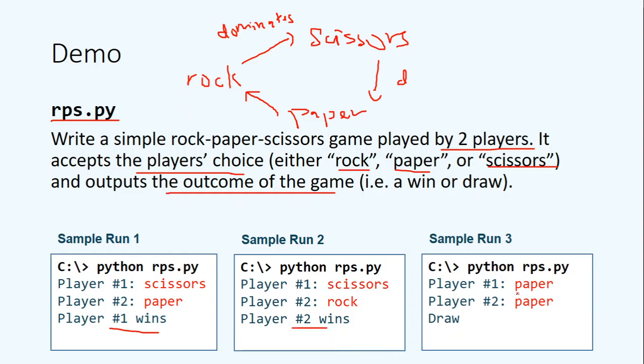In a situation where they entered two similar choices, such as paper and paper, that will give us a draw. So that is the requirement of this program, and let's see how we can develop this program, a simple game.